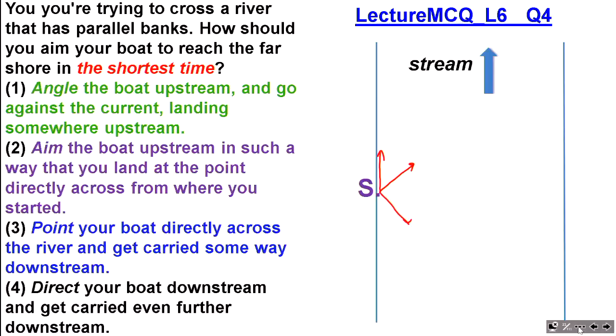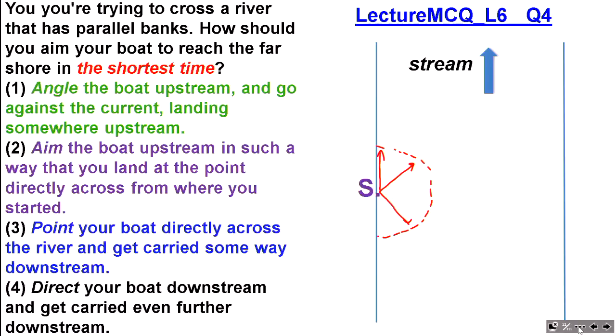The length of each arrow should be the same. The length, the magnitude, is speed, right? So all possible orientations are described by a semicircle.